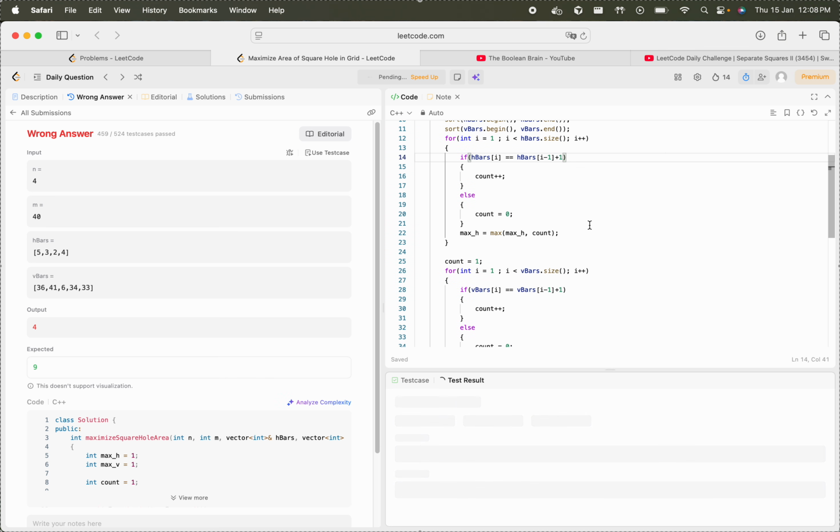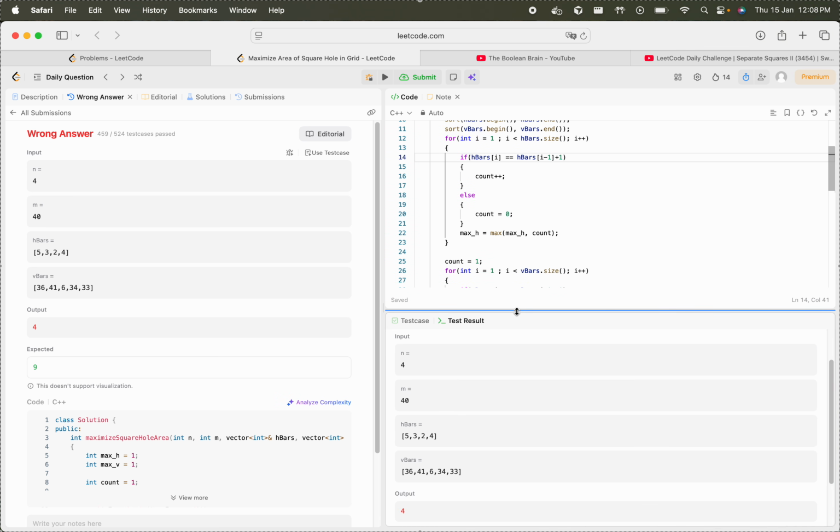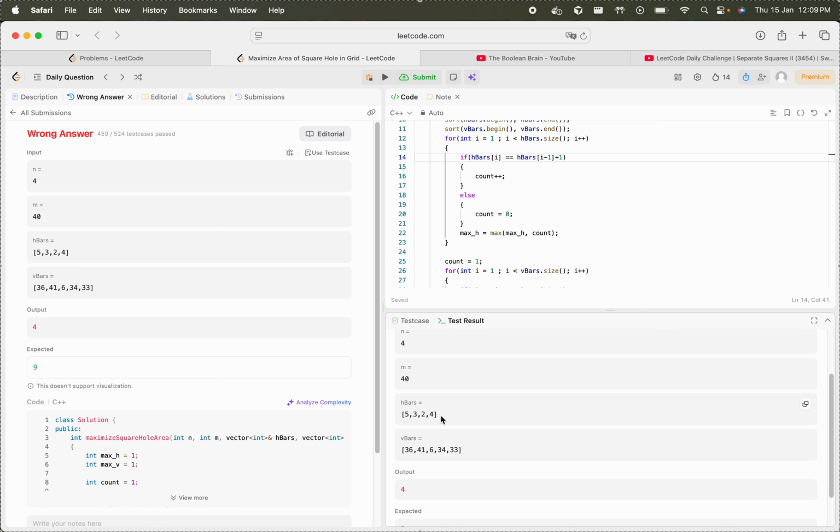What's the output? Here n is 4, 5 3 2 4. It means 2 3 4 5 are all continuous. Okay. But here, what's continuous? 32, 33, 34.